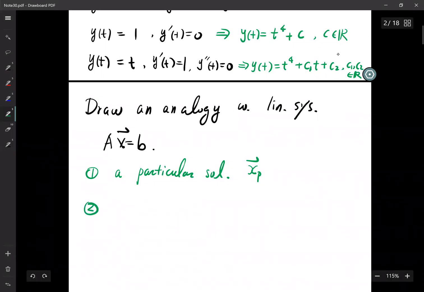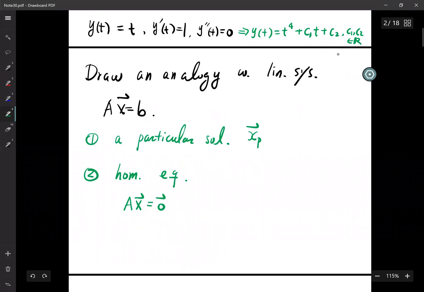Two is I look at the homogeneous equation of the form AX equals 0. Maybe the solution is unique, in which case the solution set to the homogeneous equation will be trivial. But anyway, I can obtain a solution set, I call it W. And this W is a subspace.